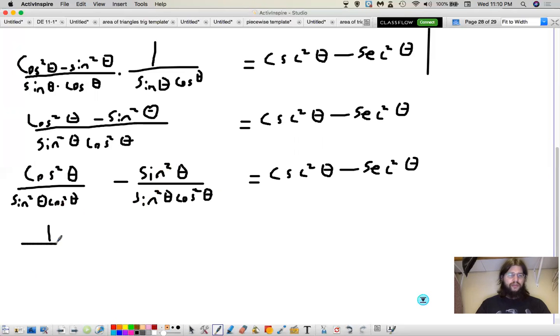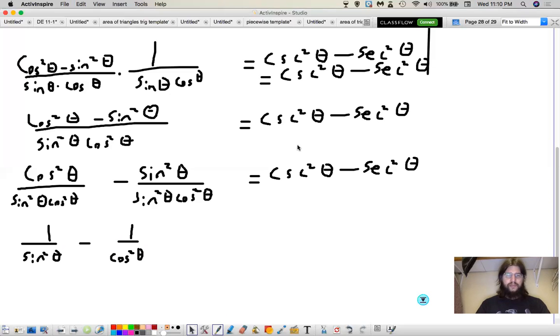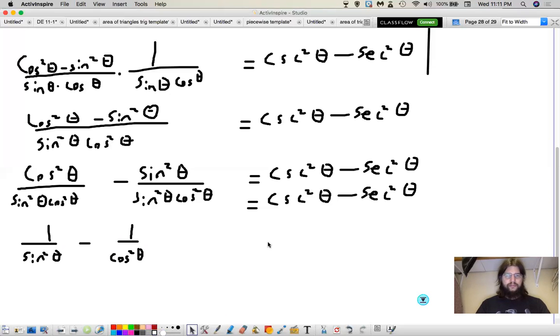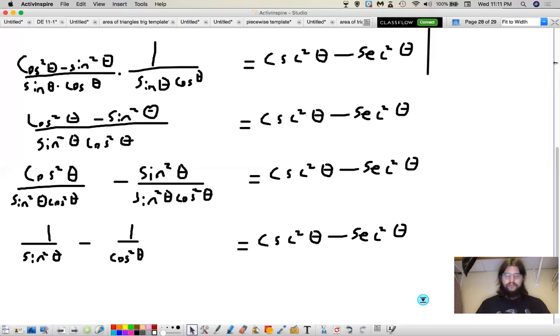So 1 over sine squared theta minus 1 over cosine squared theta. Yes. 1 over sine is cosecant.